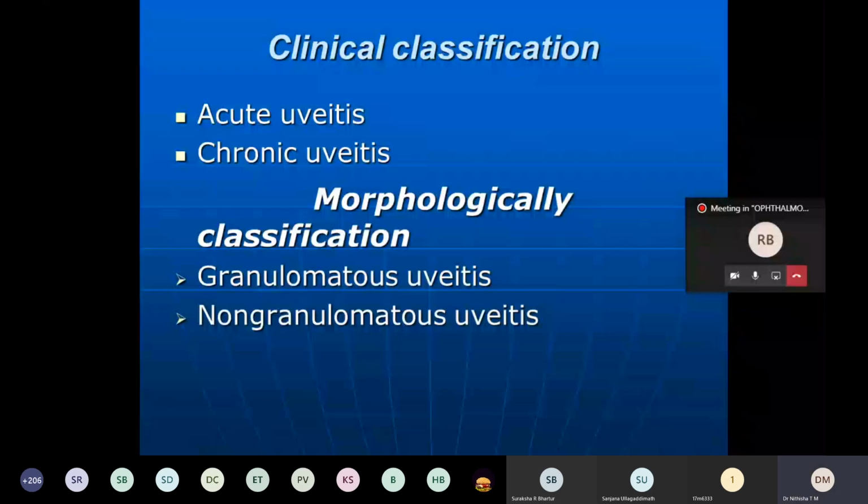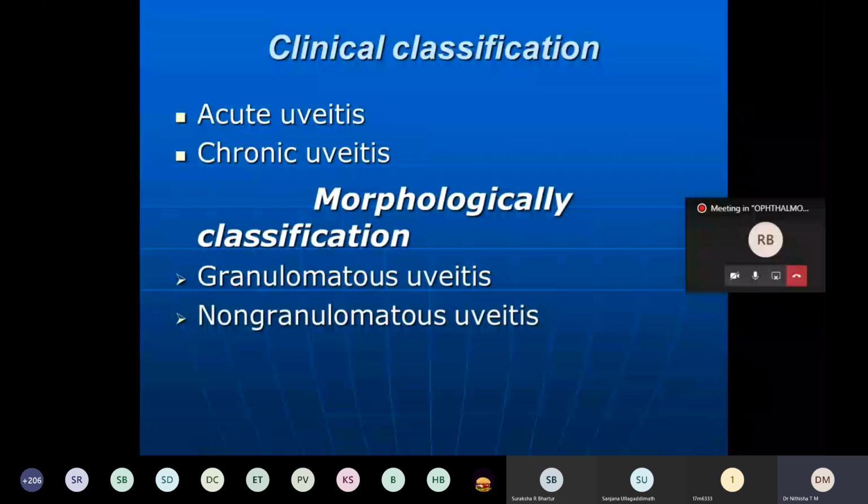Chronic is more than 6 weeks. In clinical classification, acute is a duration of less than 6 weeks. Chronic is more than 6 weeks and up to 3 months, if the patient has uveitis symptoms, it is called chronic uveitis.